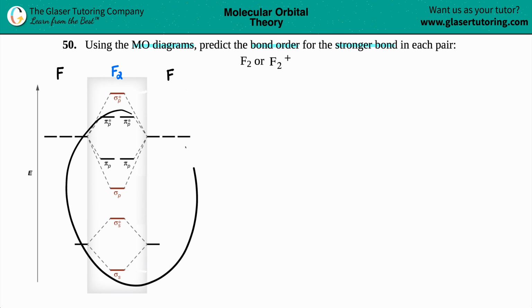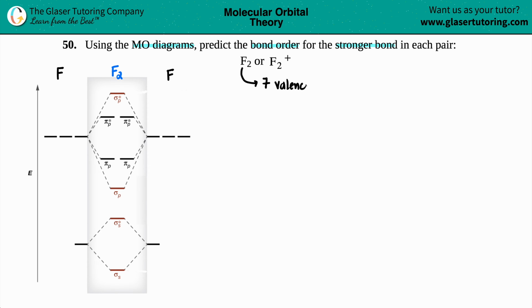Now, in order to mark up this molecular diagram, we have to find the valence electrons for fluorine. Since fluorine is in group 7A, or 17, whichever one your periodic table is telling you, it's got lucky number 7 valence electrons. That's going to be important when we're drawing it up.